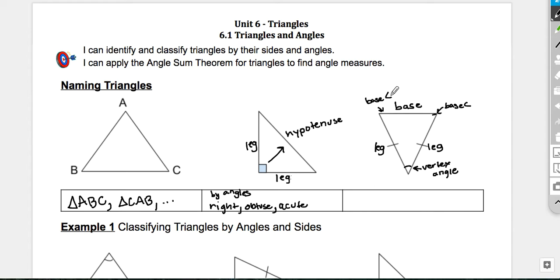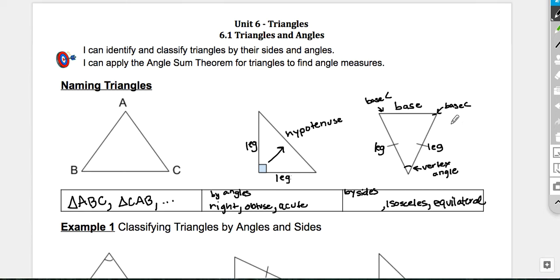So now, whenever we are classifying triangles by sides, we can have a few different names for those as well. So an isosceles triangle has two sides that are congruent. If all three sides are congruent, then that is called equilateral.